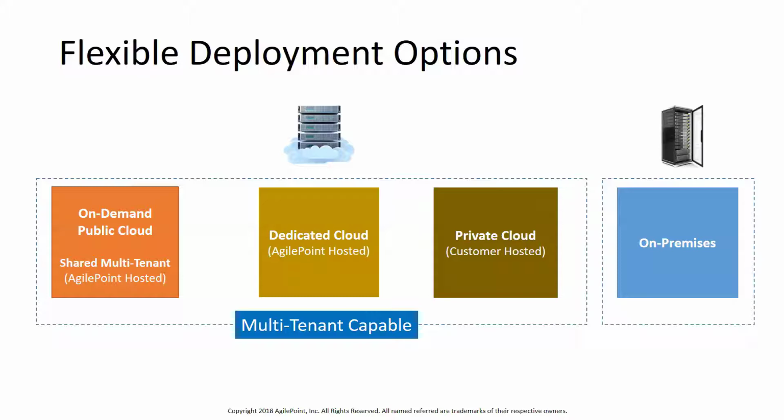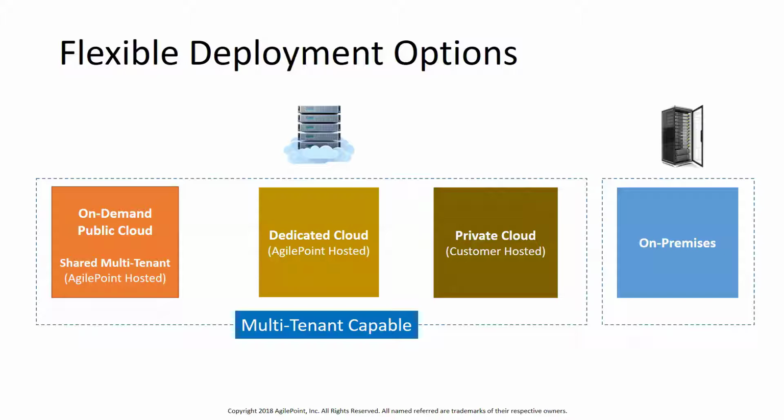Okay, so lastly here, before I transition into pricing and the demo, I just wanted to quickly cover off the different ways that you can consume AgilePoint. Given that we work with customers of different sizes and different requirements, there are multiple different deployment models, and each of them can correlate to your risk and compliance profiles.